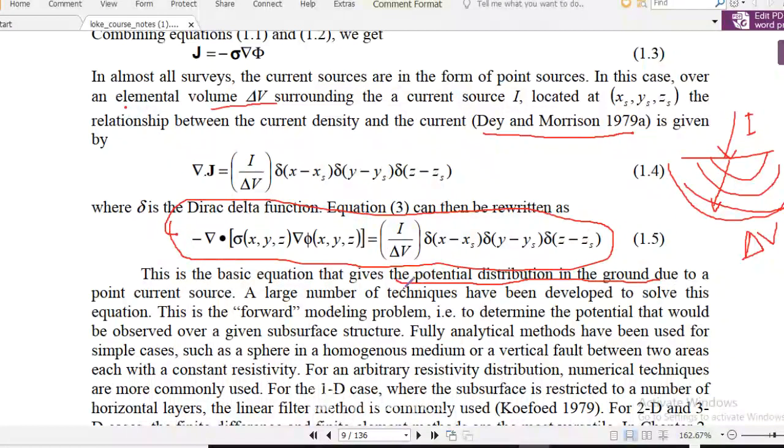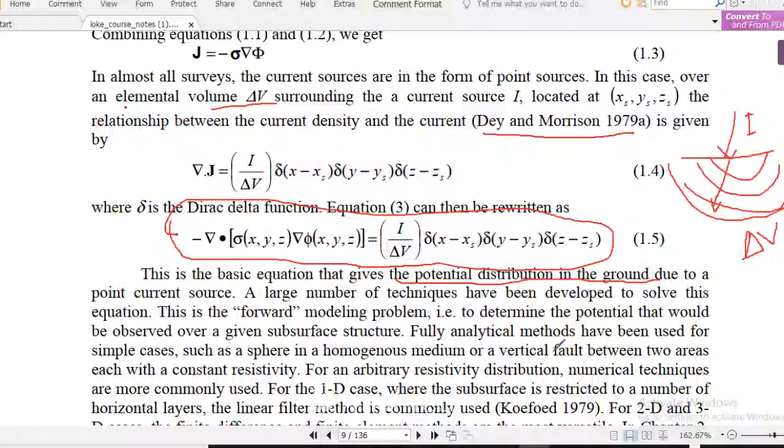So a large number of techniques have been developed to solve this equation. This is a forward modeling problem, that is, to determine the potential that would be observed over a given subsurface structure.